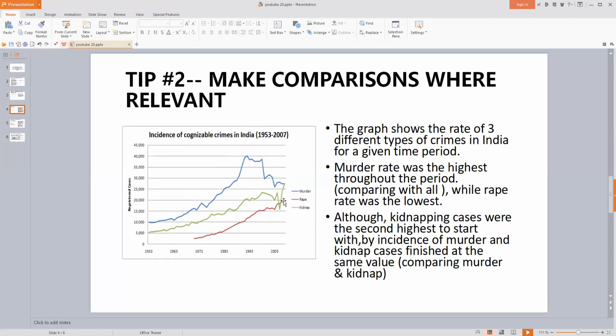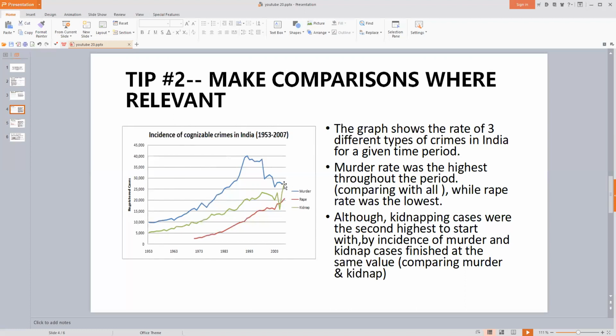But by the end of the period, as you can see, it crosses. So, although the number of kidnapping cases was the second highest to start with, the incidence of murder and kidnap cases finished at the same value. You can see this point where they coincide.